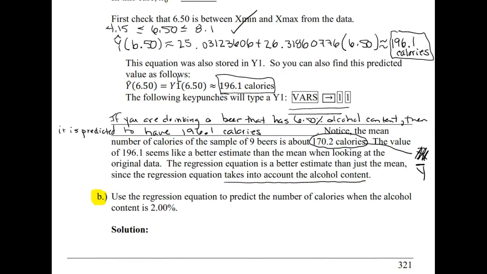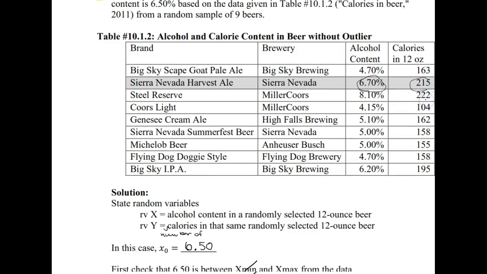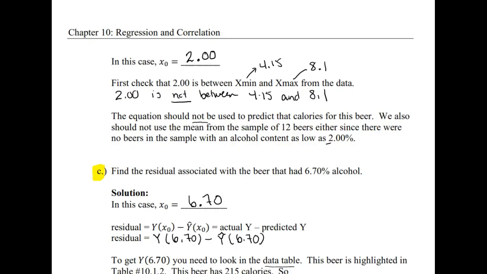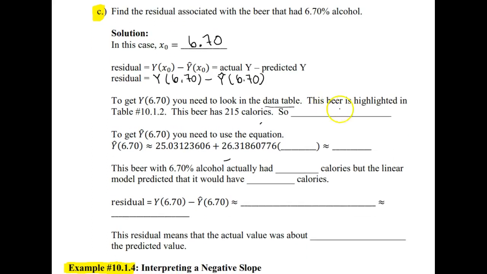If we scroll back up, there's only one beer in this list that has an alcohol content of 6.70, and the calories for that beer is 215. This beer is highlighted in the table.